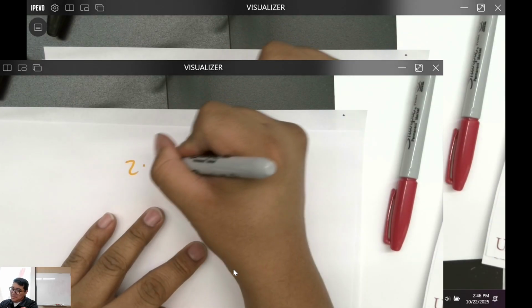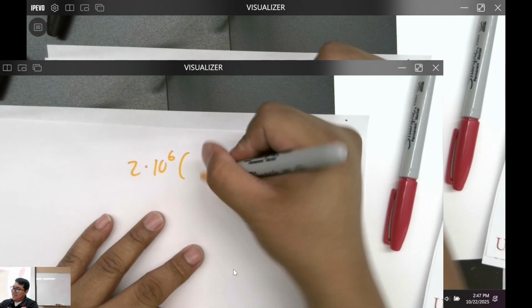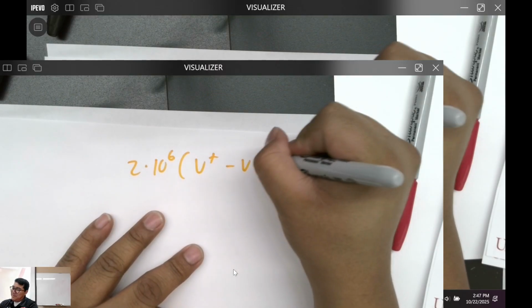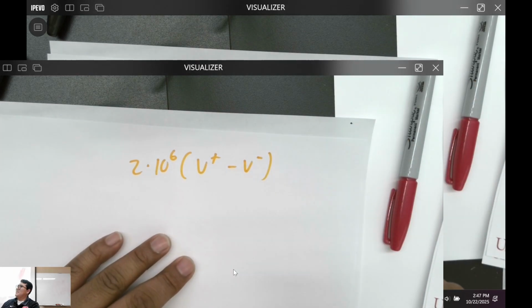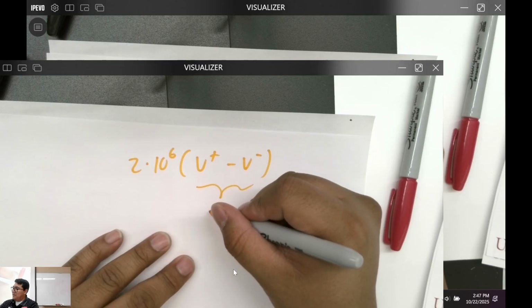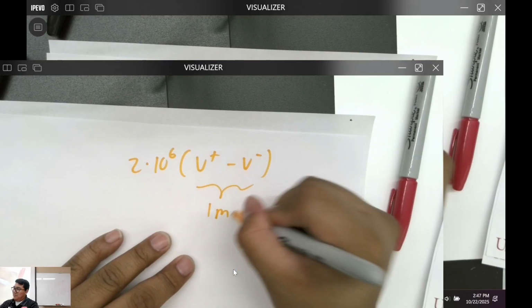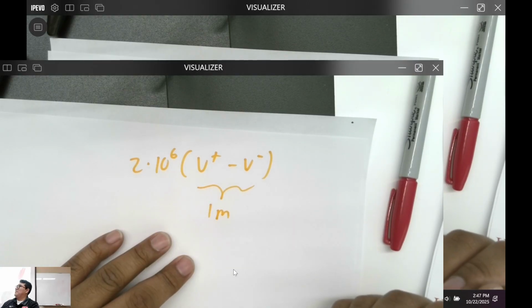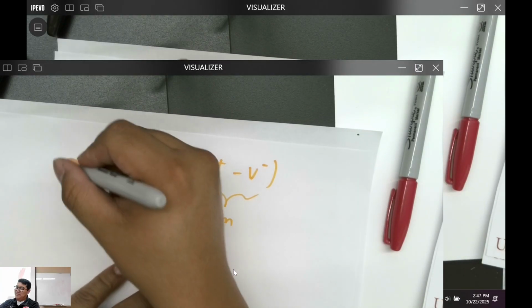I have 2 times 10 to the 6, right? And then I have V plus minus V minus, right? If I have a voltage difference of, let's just say, 1 millivolt, right?